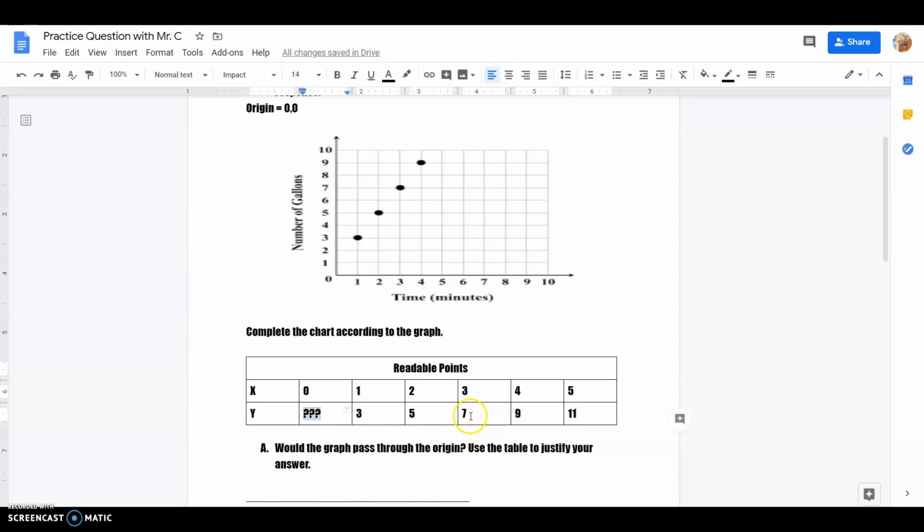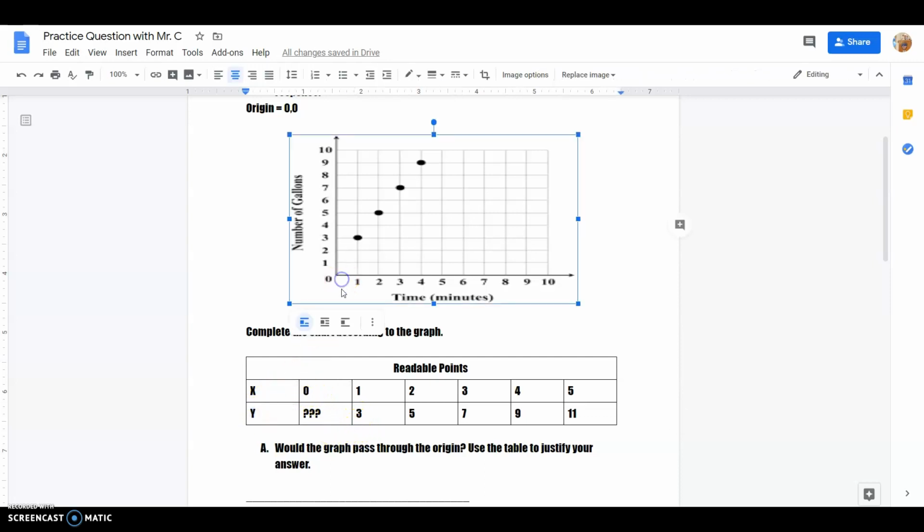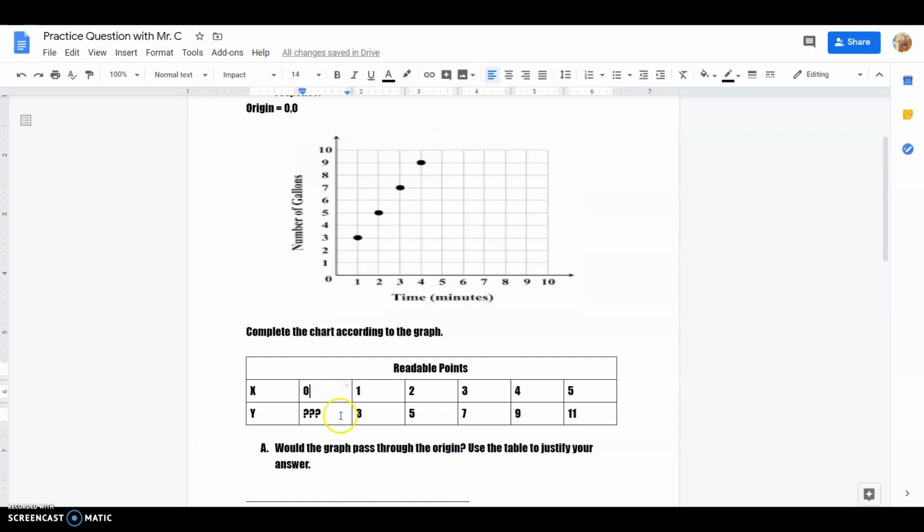As x increases by 1, so here you go, 0 plus 1, 1 plus 1, 2 plus 1, it's an increase of 1. And y is an increase of 2. But how do we figure out what the y value would be for 0? Well, we'll go backwards.